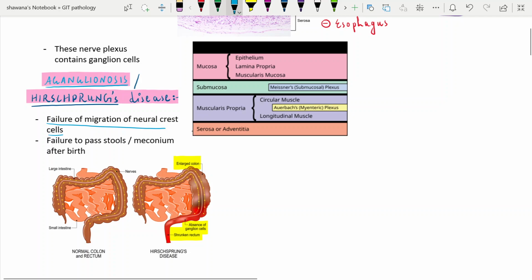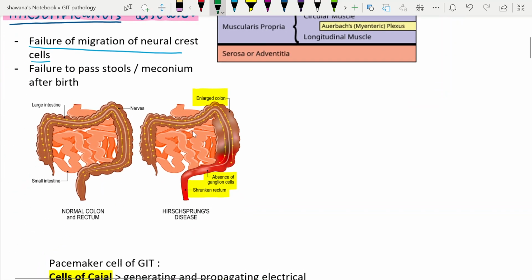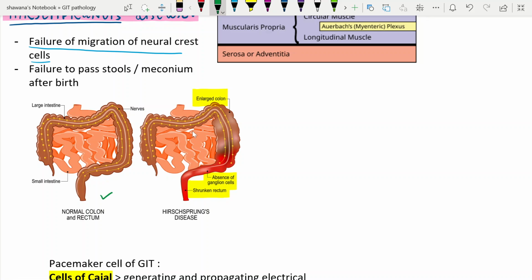So you can see here the normal colon and rectum, while this is the Hirschsprung's disease colon and rectum. Here you can see that there is absence of ganglion cells, and in that part there is a shrunken rectum. So it means that the baby or neonate cannot pass the meconium after birth, okay.